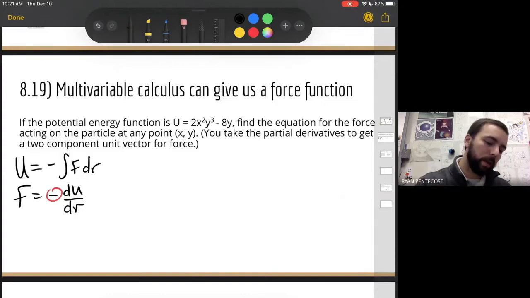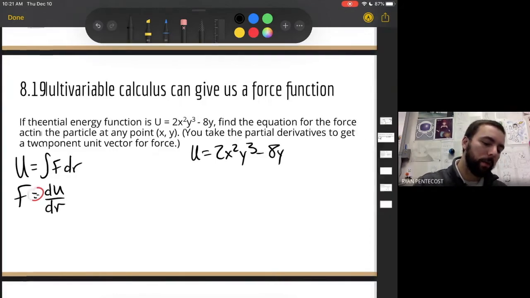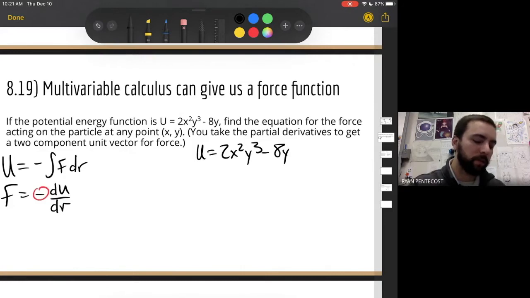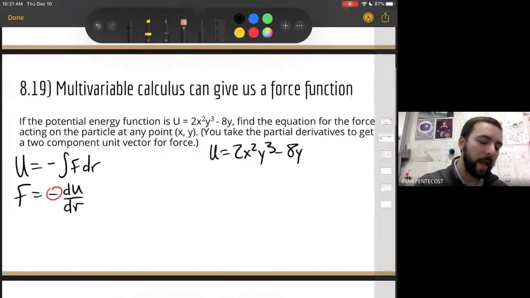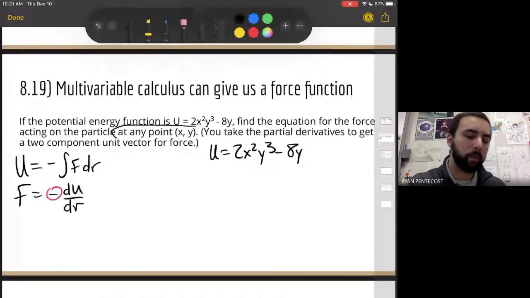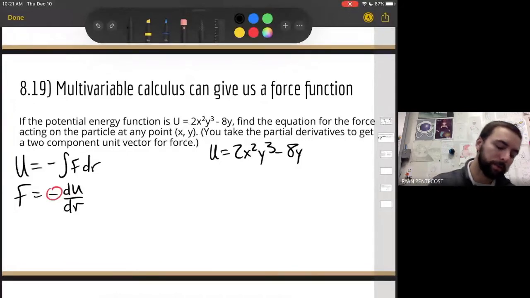So here we have a U function of 2x squared y cubed minus 8y. And what we want to do is find the equation for the force acting on the particle at any point x, y. That's the important key here. Now what you're going to do is take the partial derivative to get a 2-component vector for force.